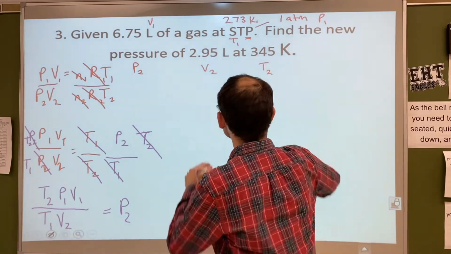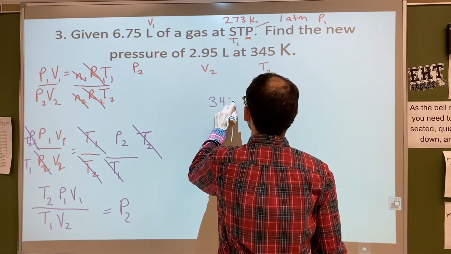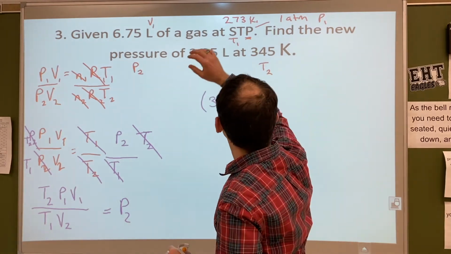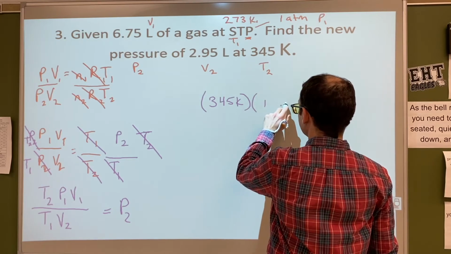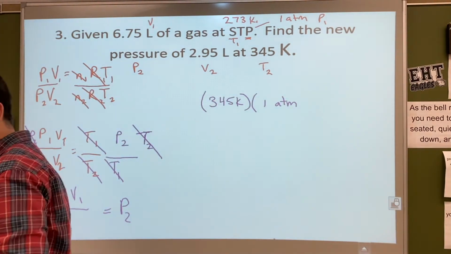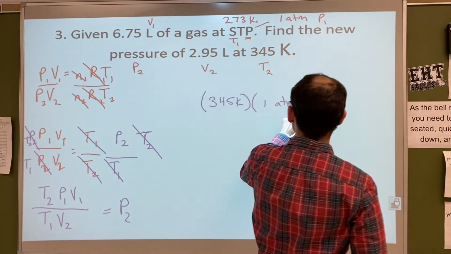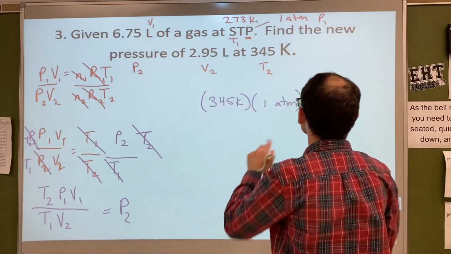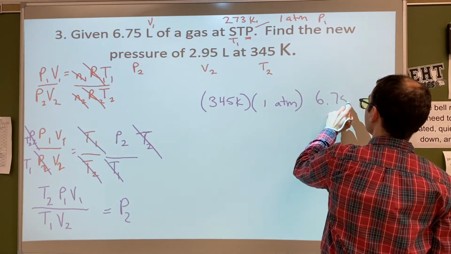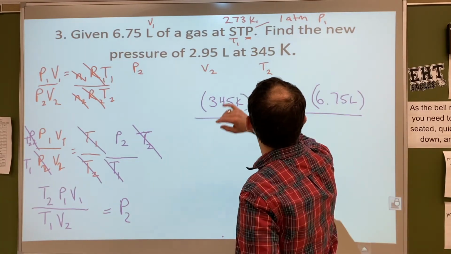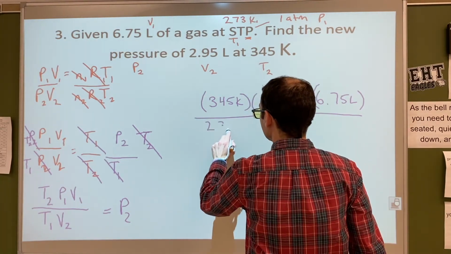T2 is 345 Kelvin. P1 is 1 ATM. V1 is 6.75 liters. And then T1, temperature 1, 273.